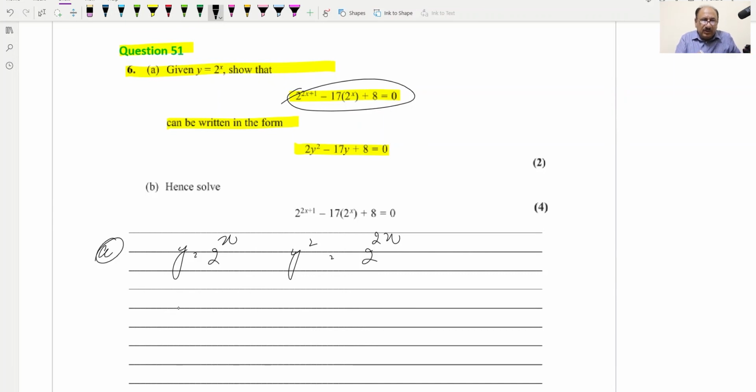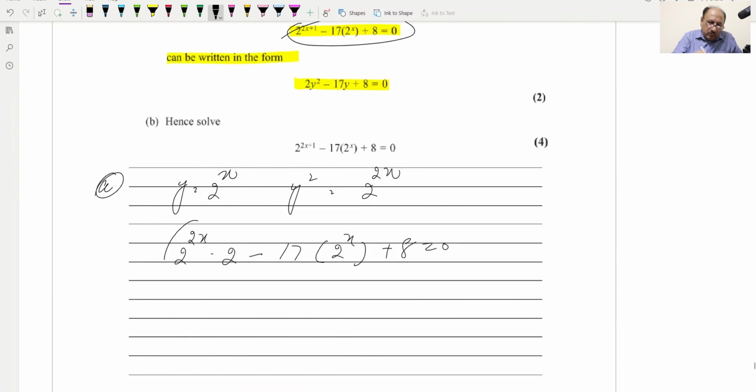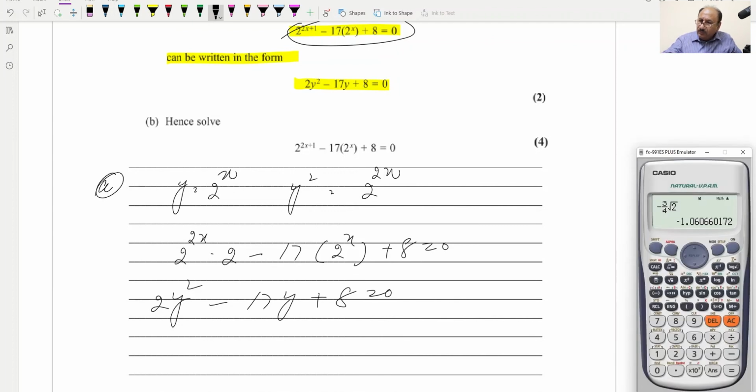We can rewrite basically this equation as 2 raised to the power 2x into 2 and minus 17 into 2 raised to the power x, and plus 8 is equal to 0. Now this 2 raised to the power 2x can be written as y square, and this can be written as 2y square minus 17y plus 8 is equal to 0, and we can simplify.